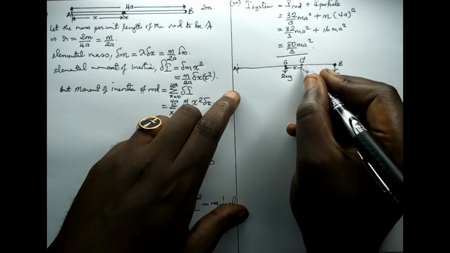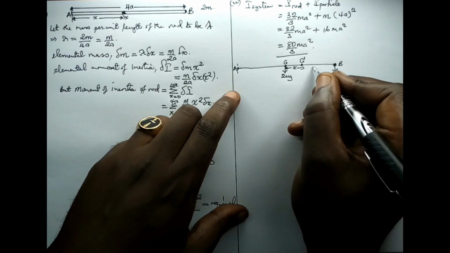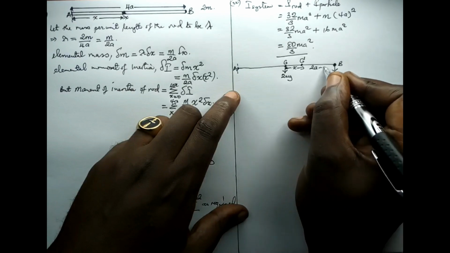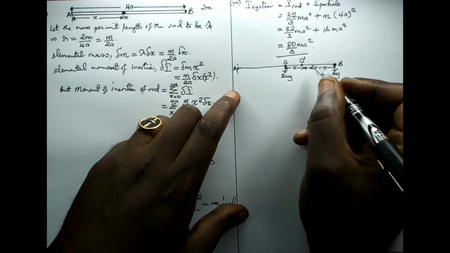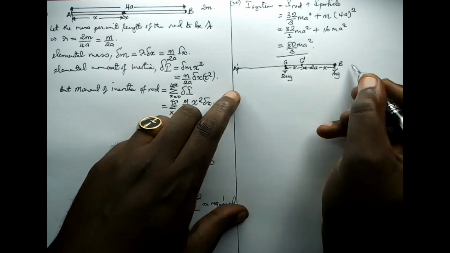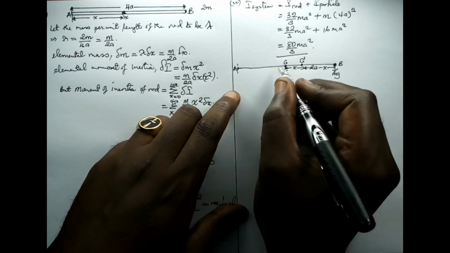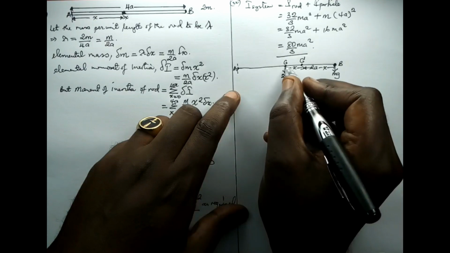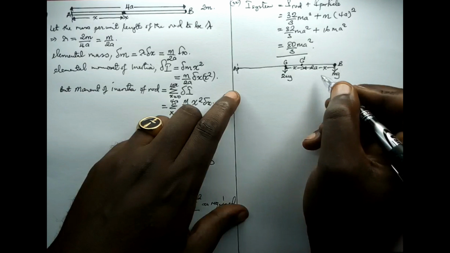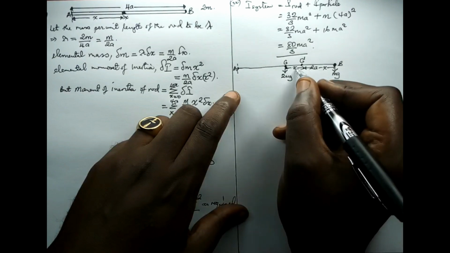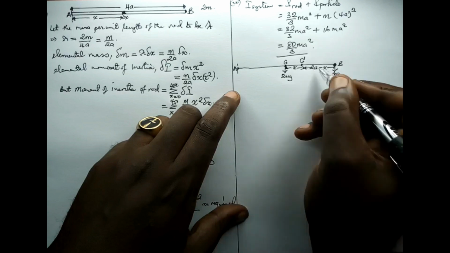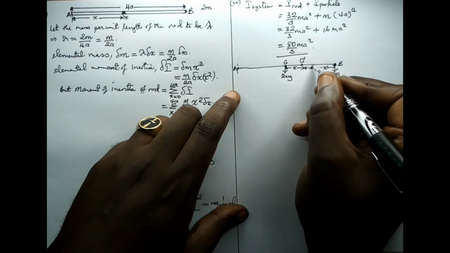That means from G prime to B should be 2a minus x. Remember, the rod is of length 4a, so from A to G is 2a, and so from G to B should also be 2a. If from here to G prime is x, then from G prime to B should be 2a minus x.